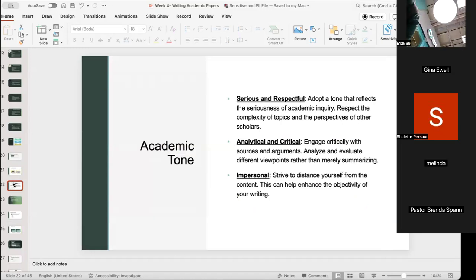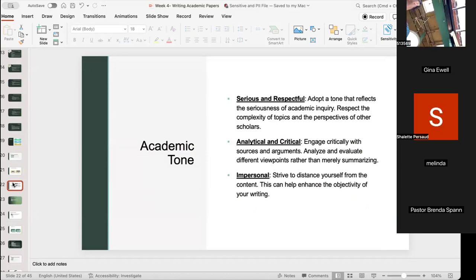Your academic tone. So you want your academic tone to be serious, unless of course it's a fun, comical, light kind of paper that you're writing. But your topic is probably serious for the most part.